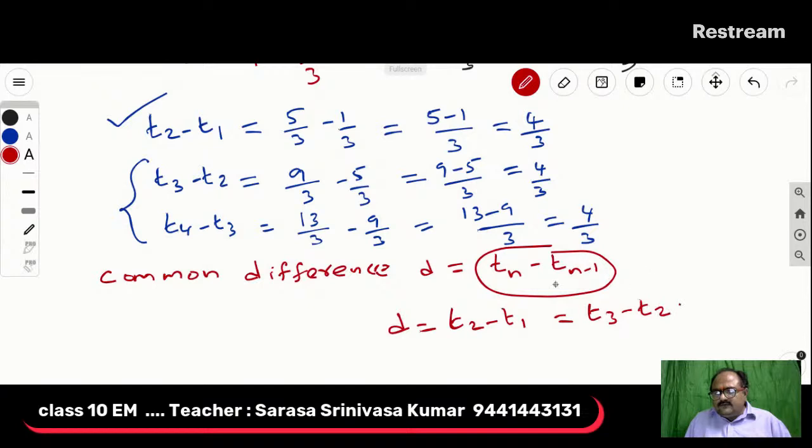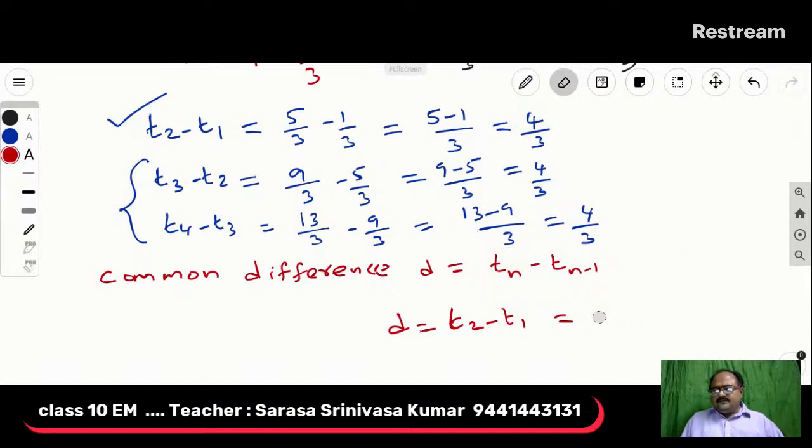You can write any of these. It is left to your choice. Here I am writing the general formula Tn minus Tn minus 1. Students can write T2 minus T1, T3 minus T2, like that for the common difference D. So this is equal to 4 by 3.